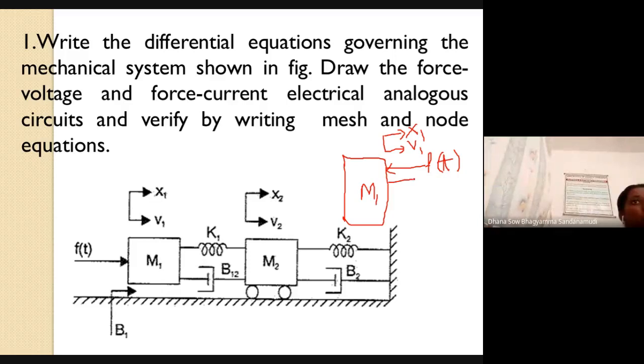What are the opposing forces? The force due to the mass, another one is the force due to friction, B1, another one is the force due to the spring, K1.